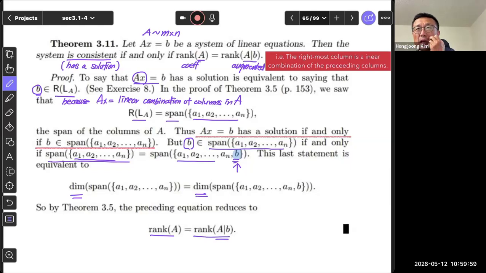So what does that mean? The conclusion here is this.